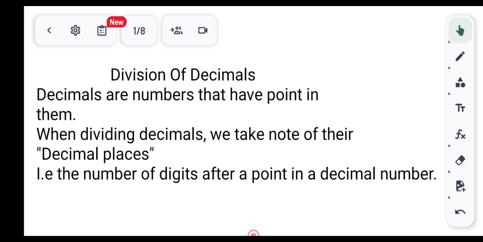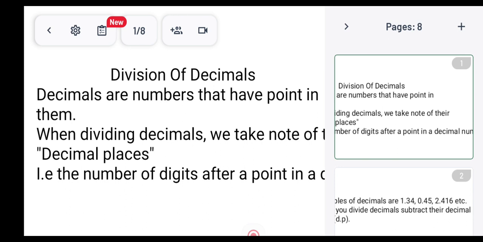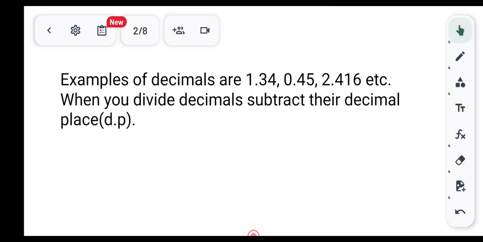For example, take the decimal 1.34. This particular decimal number has two DP, that is, two decimal places, because after the point you have 3 and 4.